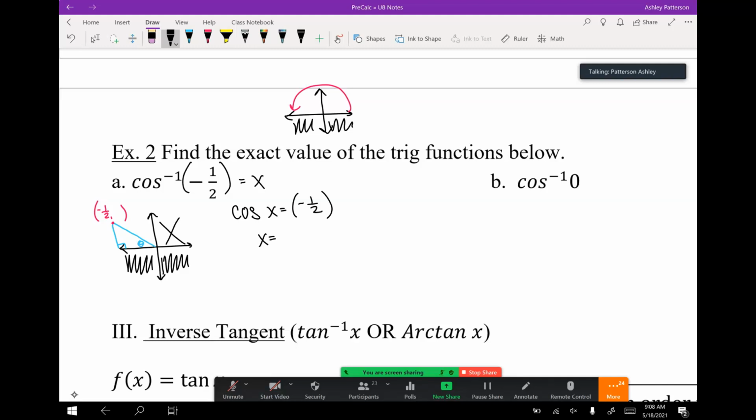I'll give you a hint. It is not a 45-degree reference angle. It's a terrible hint. Cole? 5 pi over 6. Pardon? 5 pi over 6. So 30-degree reference angle? Yeah. Okay, that's one option.